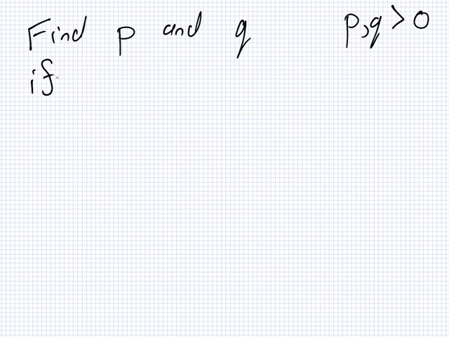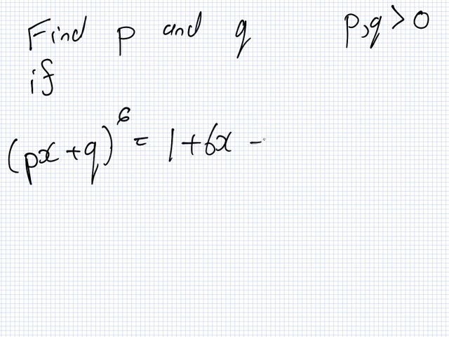Find P and Q, and I also tell you that they're both positive, if Px plus Q power 6 equals 1 plus 6x plus 15x squared, etc. So in this example, we are going backwards. We have the answer and we want the original question, the P and the Q. You got the idea here? We're trying to find P and Q.